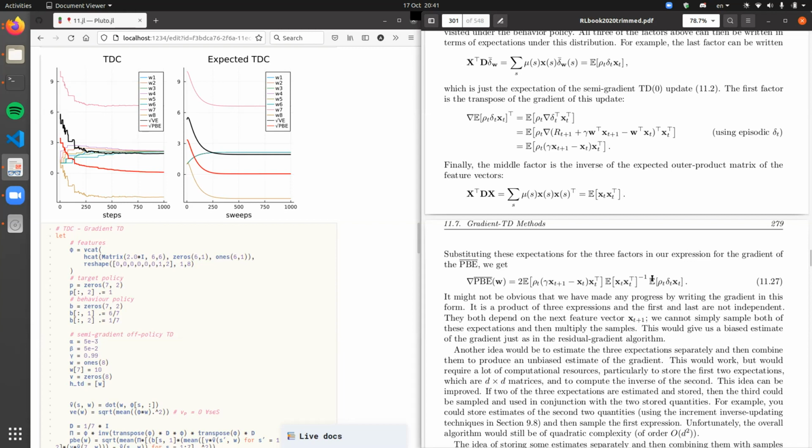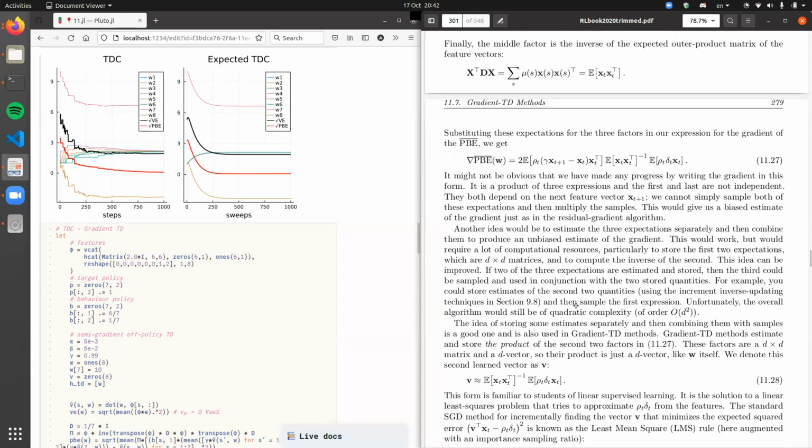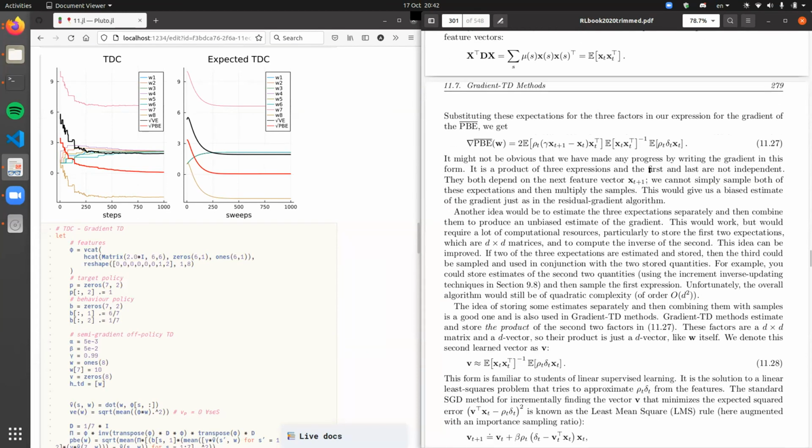We have these three expectations here, and we have the same problem that we need to sample S sub t and S sub t plus 1 independently, but there is a way to work around it.